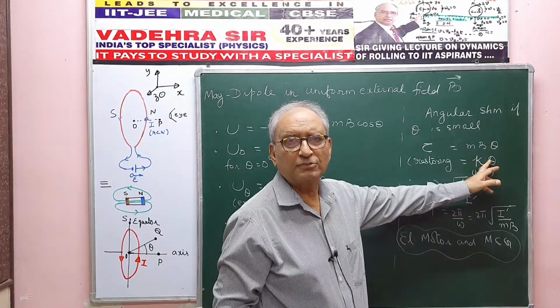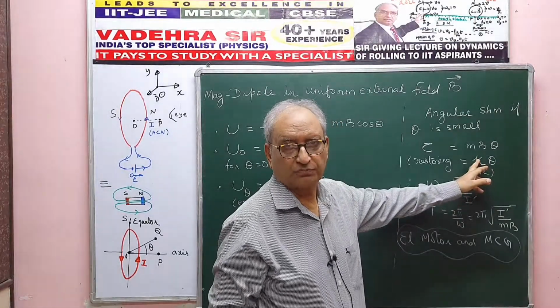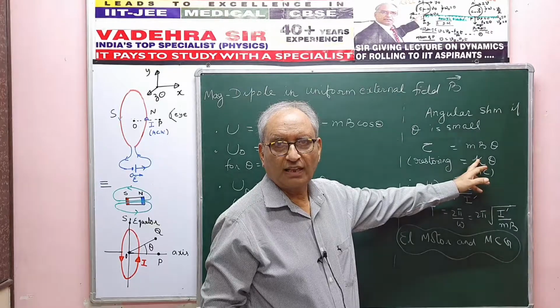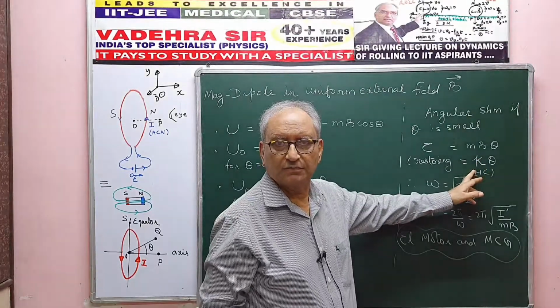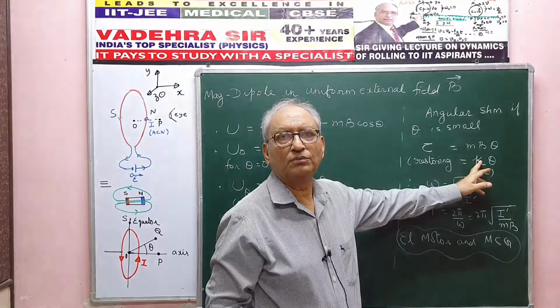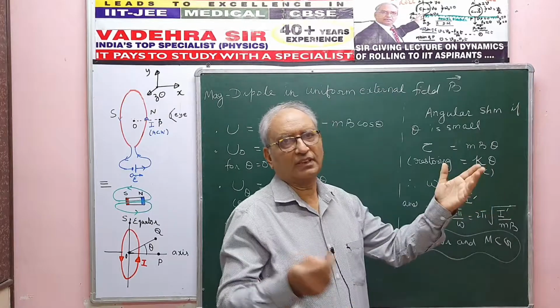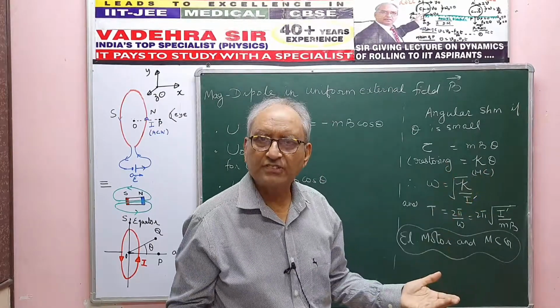Theta is the angular displacement. I call K dash, capital K dash, the Hooke's constant here. Its value is M into B, and if that is so, then the restoring torque is proportional to theta. It is a case of angular SHM.